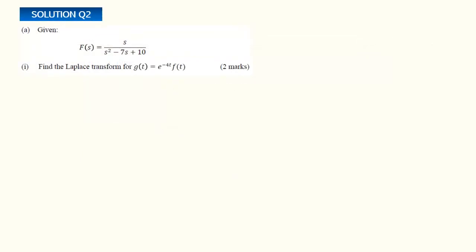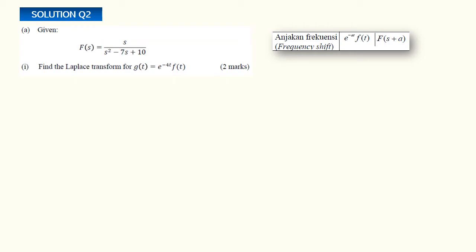Okay, let's look at the first part of question 2. Given F(s), find the Laplace transform for g(t) equals e to the minus 4t f(t). Therefore, you need to always refer to the Laplace transform table in the first place. You may notice that this equation is in the shape of this, so you can write the equation.